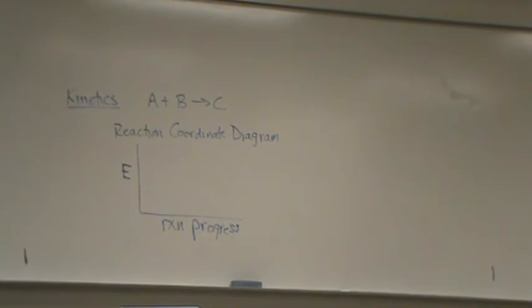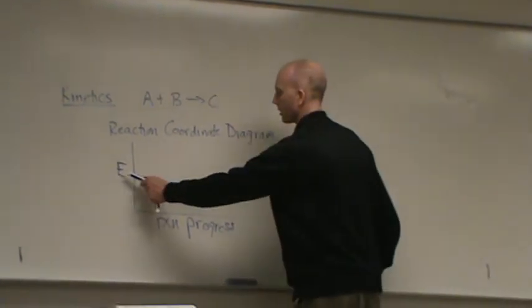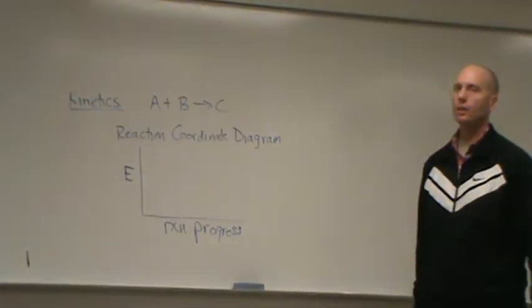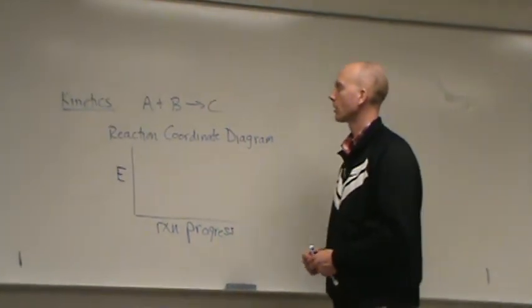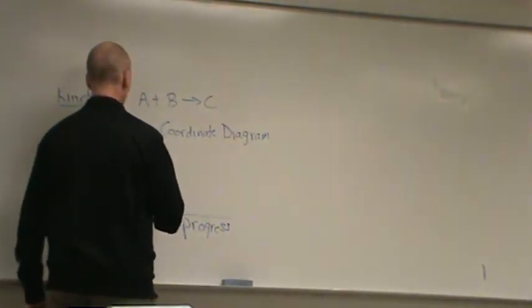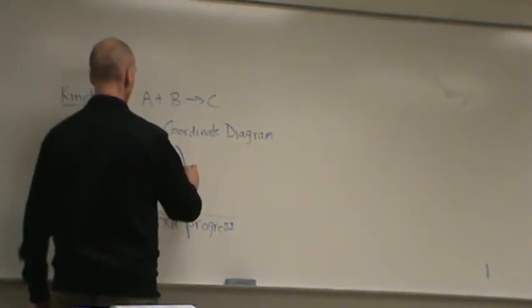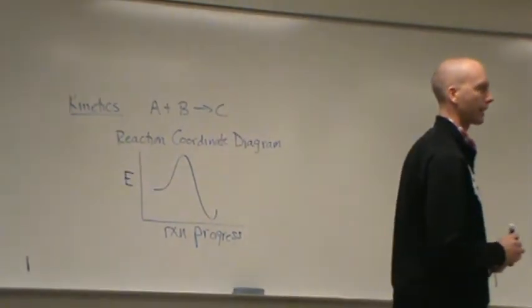So these diagrams help us to follow the reaction by looking at its energy. And let's say that this energy diagram for A plus B going to C looks something like that.